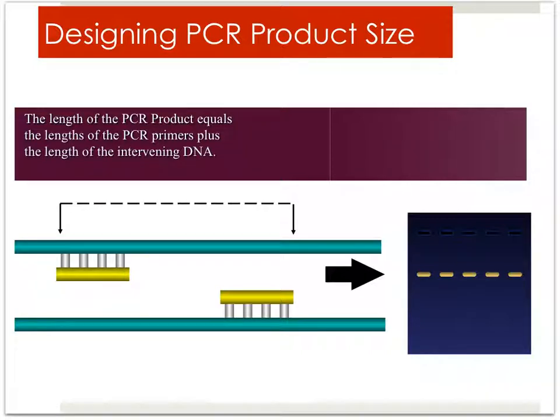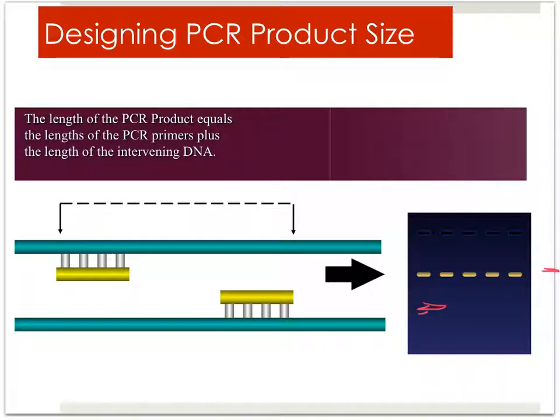So what size should I expect if I am amplifying the Shiga toxin gene from E. coli O157? The size I expect needs to be defined. If I get the wrong size, that most likely is not the gene I'm looking for. It might be non-specific or it might be some different gene. So you need to have some expected product size.